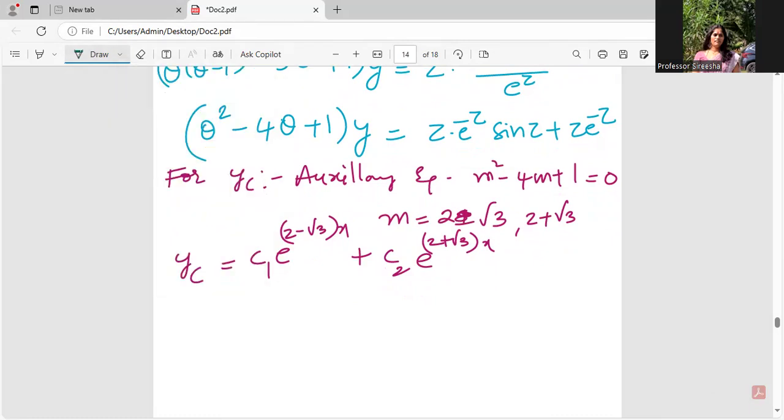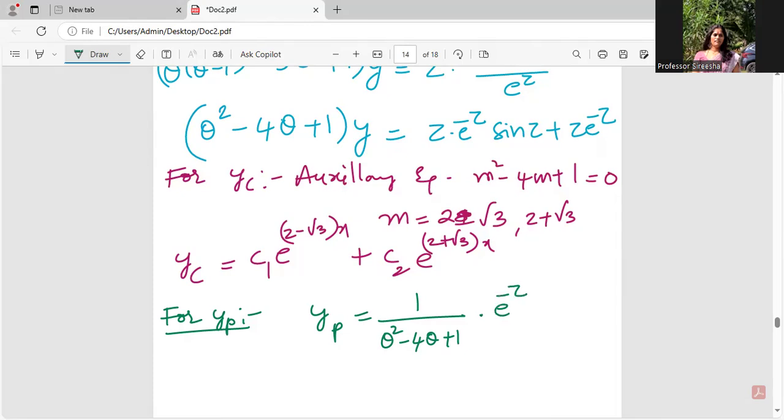How do I find yp? Coming to the yp part, what do I do? I'll rewrite the equation as yp is equal to 1 by theta squared minus 4 theta plus 1 into, there are two terms. So e power minus z is common to both the terms, and I have z and sin z plus 1. How do I do it?